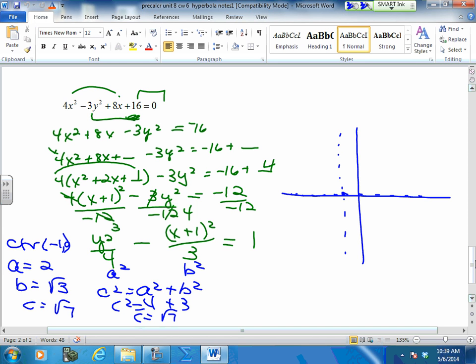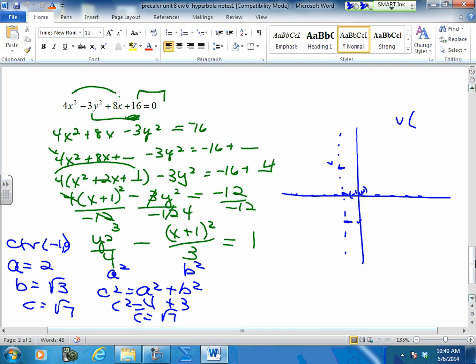Now off your Y, we're going up 1. We're going up 2, down 2. So therefore, this is where your vertex is. So what's your vertice points? The Y comes first. Whichever term is first is your major axis.